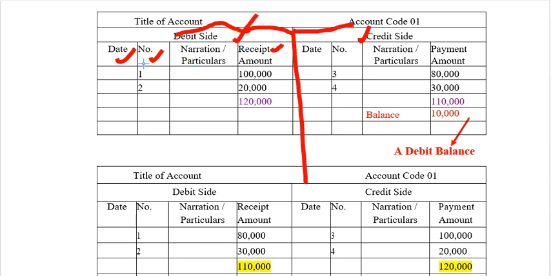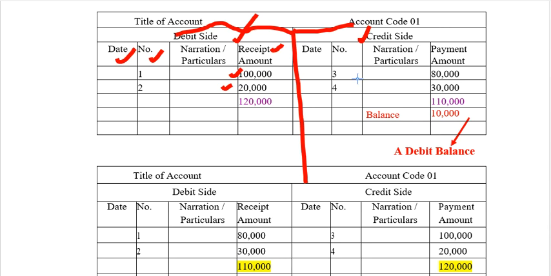But we are writing some detailed particulars there like date, numbers, voucher number, narration and particulars, and then further we write the receipts amounts. That is the amount that is going to be debit and received. Like in the first transaction you receive 100,000, in a second transaction the company receives 20,000, and the total is 1,20,000.